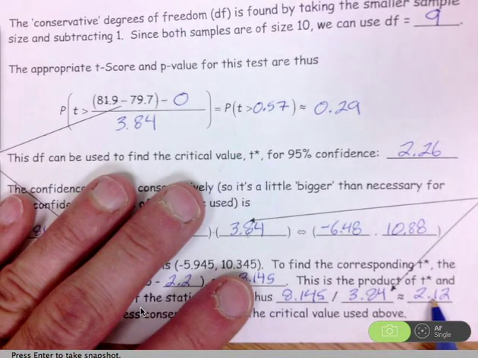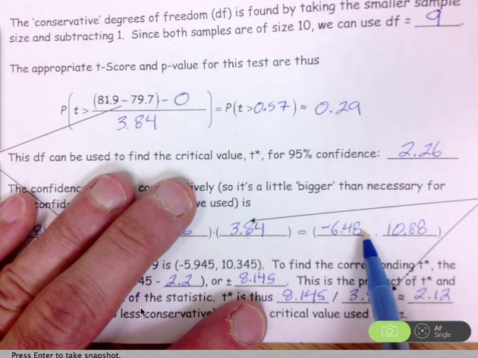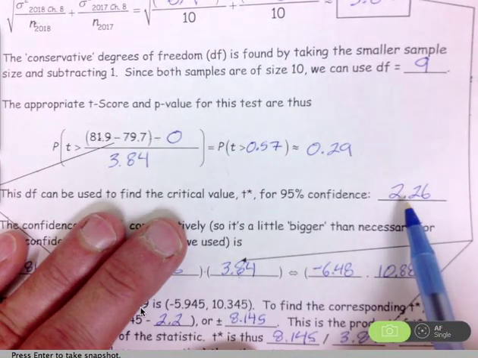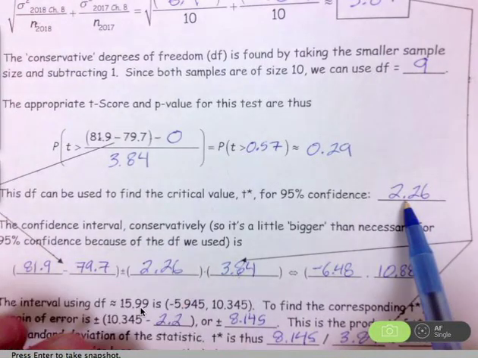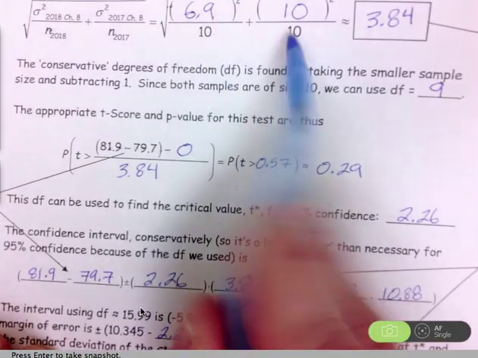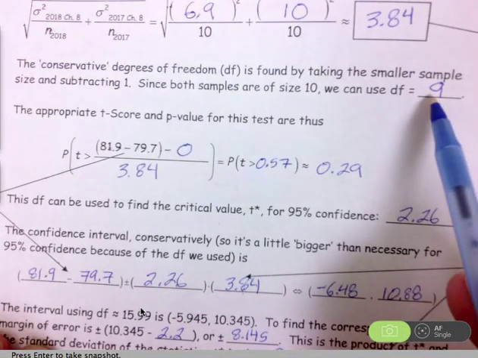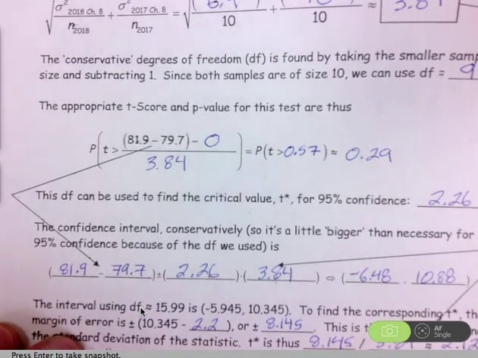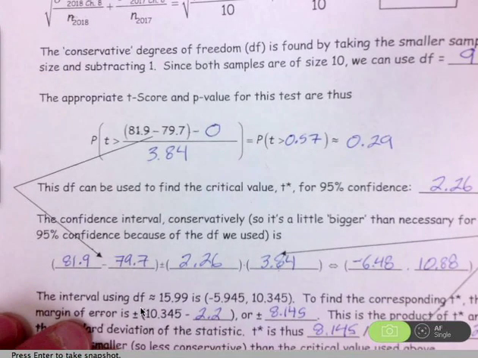And so, of course, when we built our confidence interval here by hand, we used an even slightly larger t-score because we were using a conservative degrees of freedom and easier degrees of freedom to find. That was the 9, the smaller of the sample sizes, take away 1. So again, I just wanted to take a second to take you through how we could, if we wanted to, calculate t-scores and p-values and even look at confidence intervals by hand for 2 sample situations involving means.